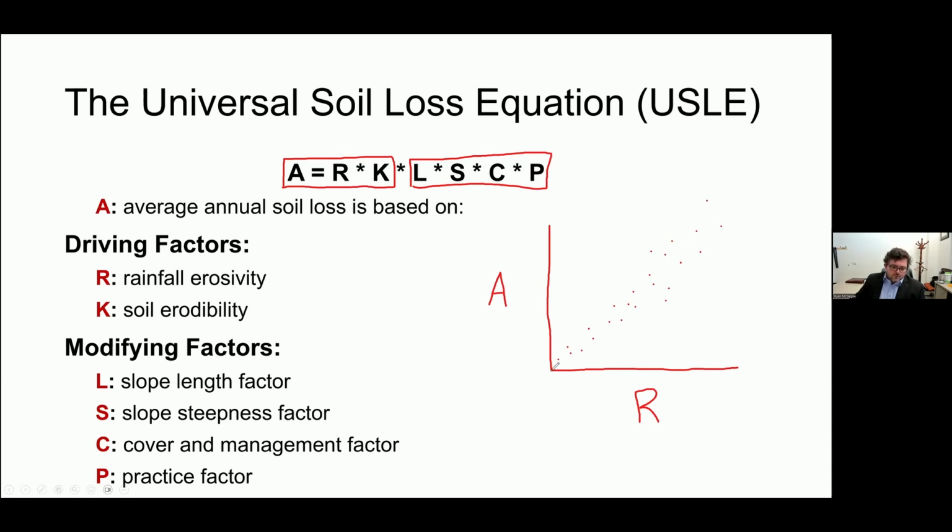And then we would just regress that. And the regression through here, and the slope of that regression, is where we get our K factor in that equation. So that should be all I need to annotate so that you understand how the USLE works.